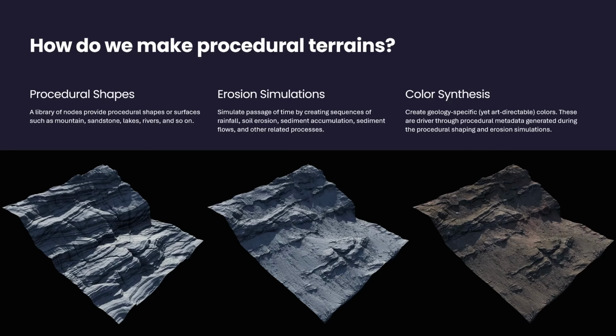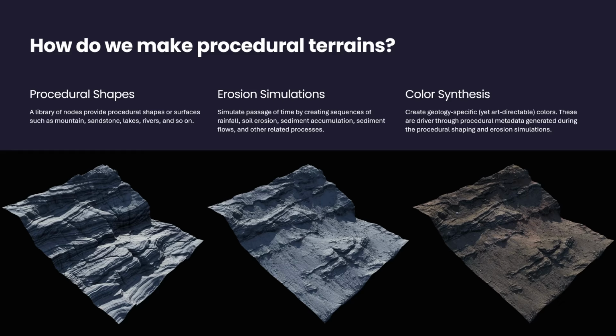When we take this height map and turn it into a 3D surface, you can see it looks like this. The way we create procedural terrains is we have a library of nodes that provide these shapes that the user can tweak certain settings and get different results. They can also art direct it quite heavily. They have options such as mountains or surfaces such as sandstone, physical items such as lakes, rivers, and so on.